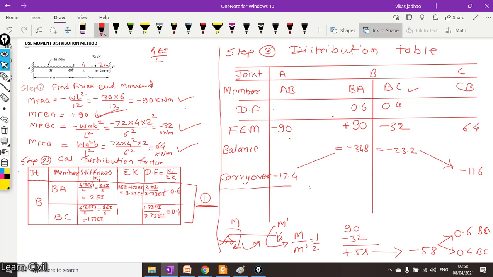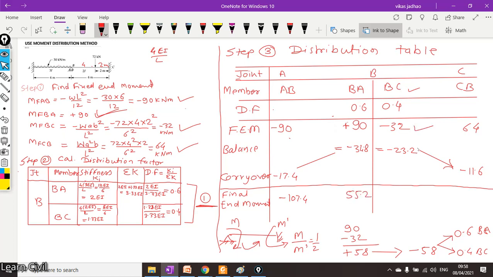Now the final step will be to calculate the final end moments. Just sum all these values: minus 90 minus 17.4 will be minus 107.4 kilonewton meter. Add plus 90 minus 34.8, this will be 55.2.